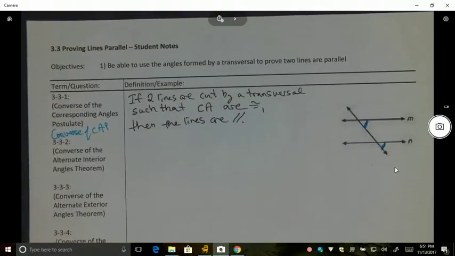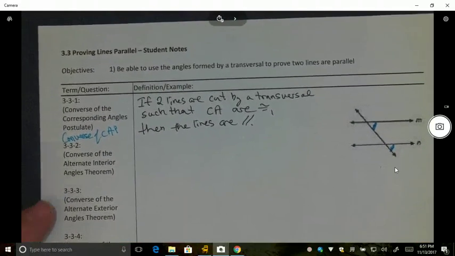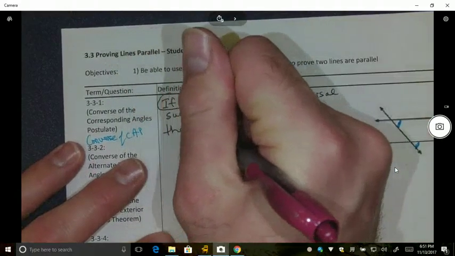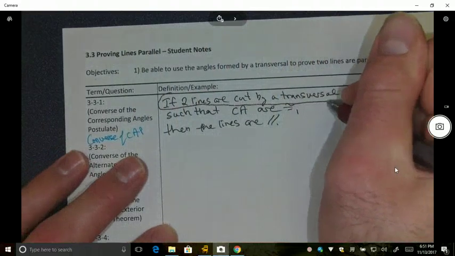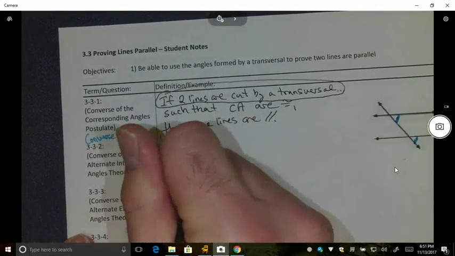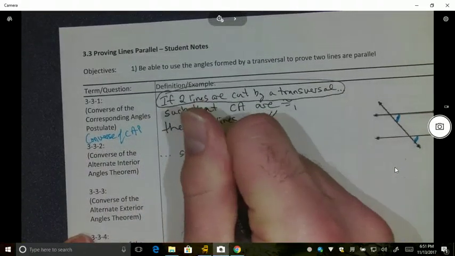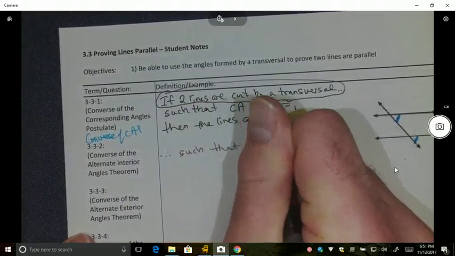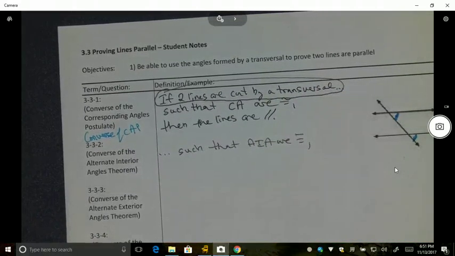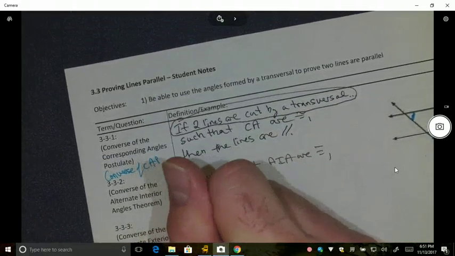The converse of the alternate interior angle, alternate exterior, and same side interior angle theorem all start with this. If two lines are cut by a transversal, in this case such that alternate interior angles are congruent, then the lines are parallel.